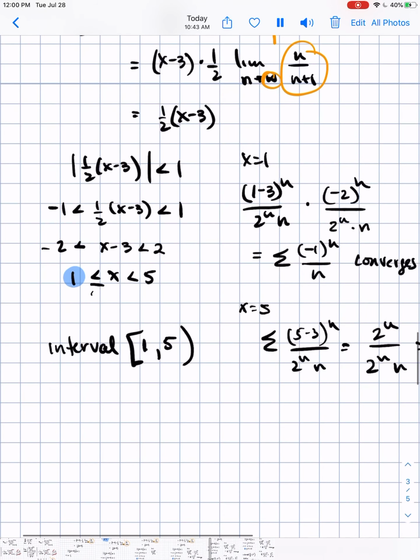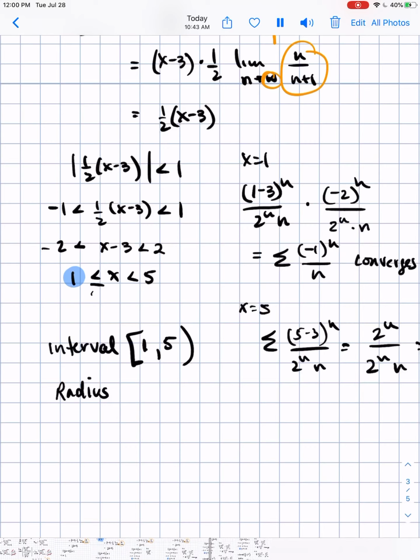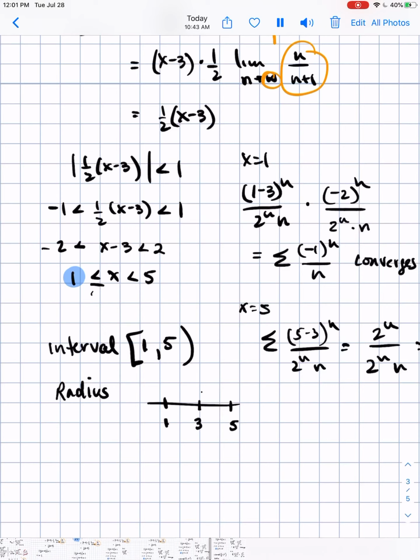The radius is real simple. Think of that on the number line, 1 to 5. You could think of that the easiest way, 1 to 5, and what's your middle value? The middle value here would be 3. And then what is the distance?